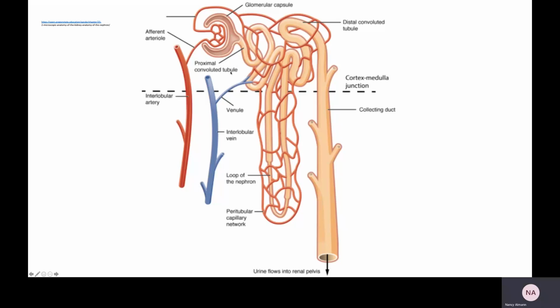No surprise that if there's a proximal convoluted tubule, there will also be a distal convoluted tubule, which will be just before the collecting duct and will lead into the collecting duct. Here's our collecting duct. And then this loopy thing is known as the nephron loop, or the loop of Henle. Loop of Henle, and Henle is capital H, loop of Henle.